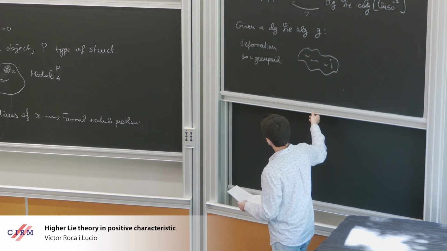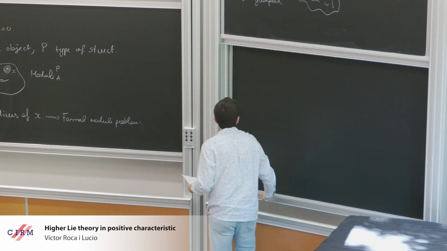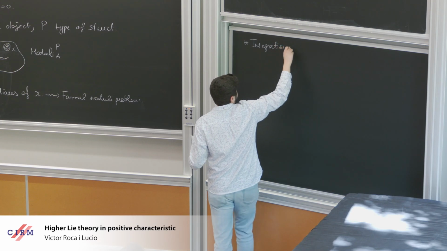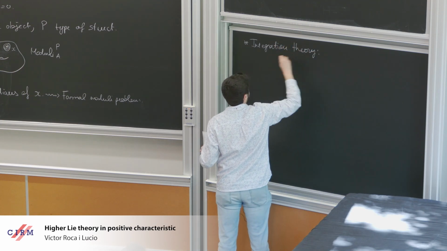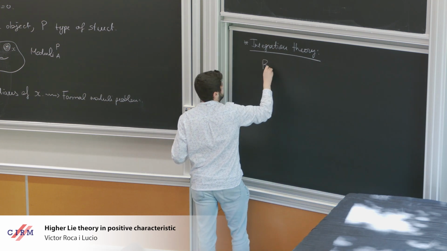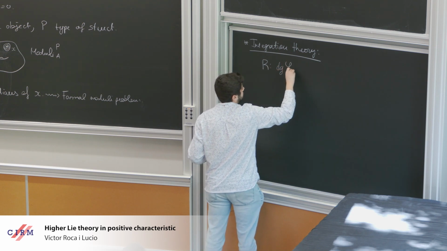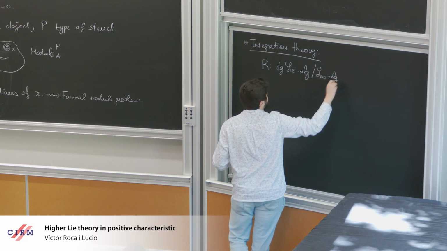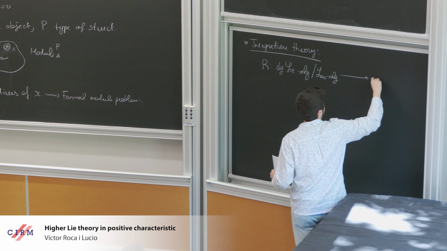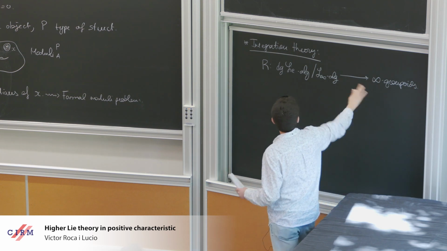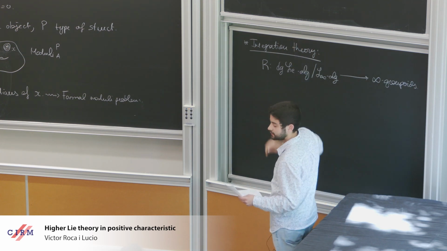But so, let me just write what I said. What I mean by integration theory in this particular context will be to construct a functor, at the point set level, from Lie algebras, or say L infinity algebras, which I'll come back to a little bit later, to these infinity groupoids, and give an algebraic description of this object.